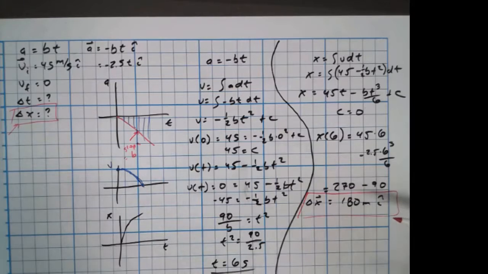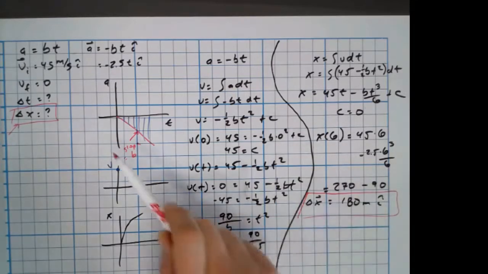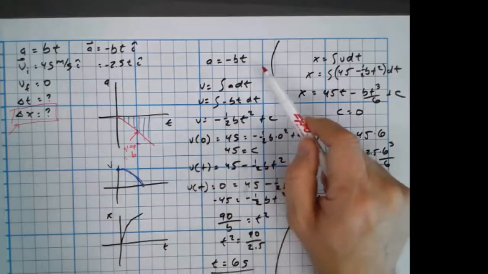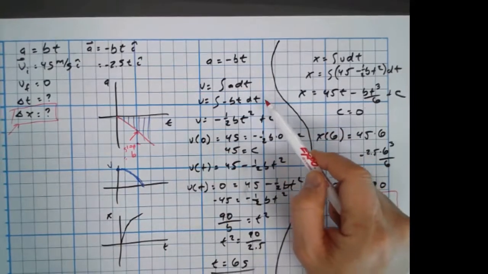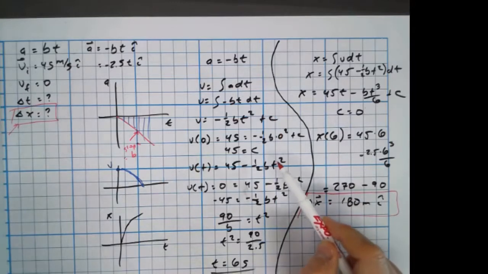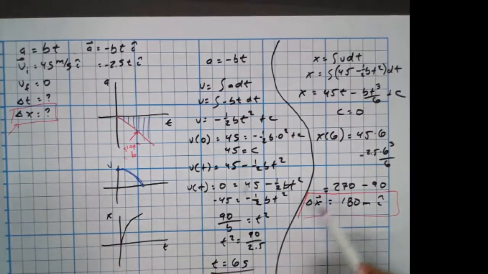So even though this is slightly more complex because the acceleration isn't constant, there's still, in essence, the same basic pattern. I've got some information about the motion. I'm using that to set up the integrals or the kinematic equations to figure out the velocity change, and then the amount of time, and then how the position changes.